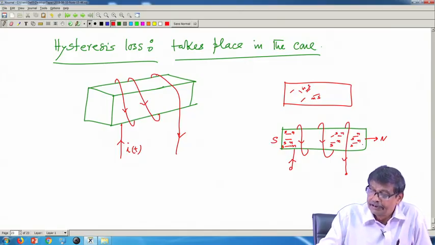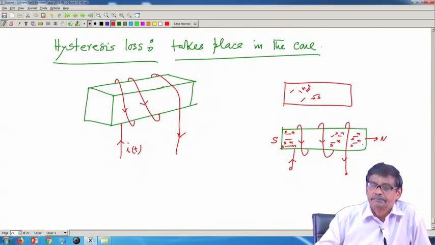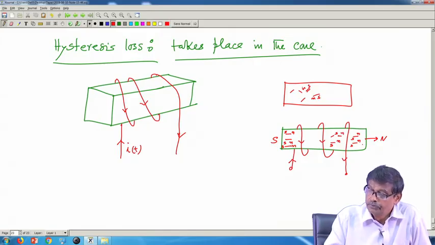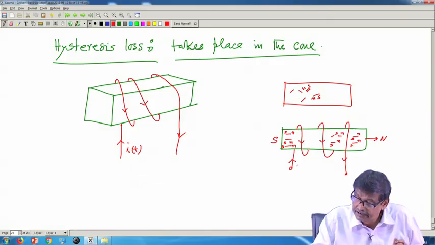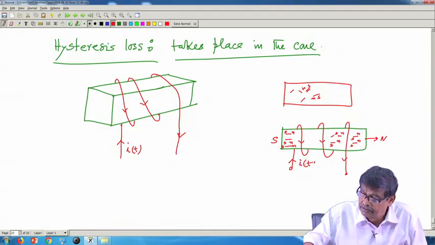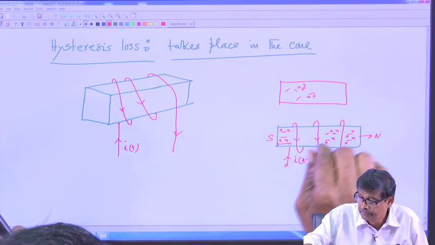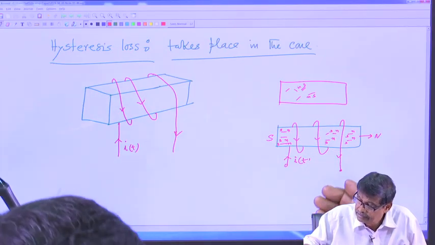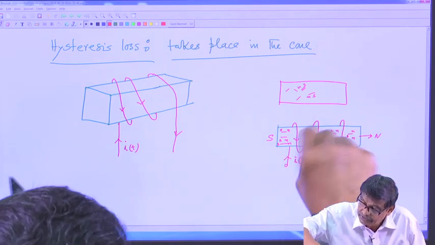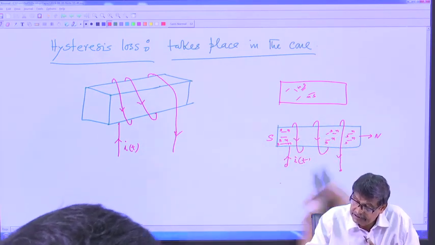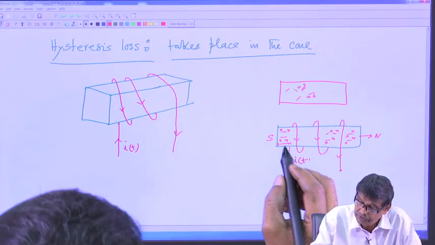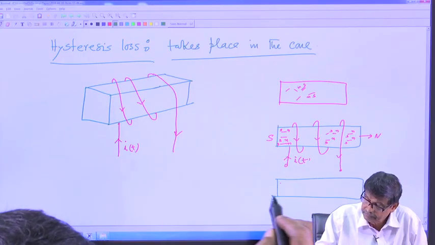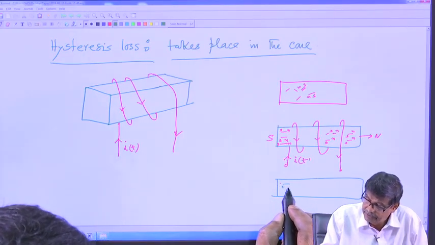Now, suppose this current is time varying. Therefore, what you are asking each molecule to do, if this is time varying, when the current is positive, each tiny magnet was trying to align along this way, then you reverse the current, they will now start moving, and finally, when the negative maximum current flows, this side will become south, the other way it will become north.